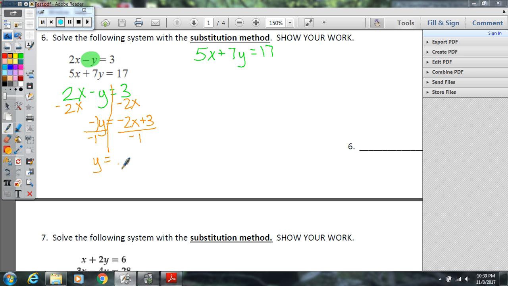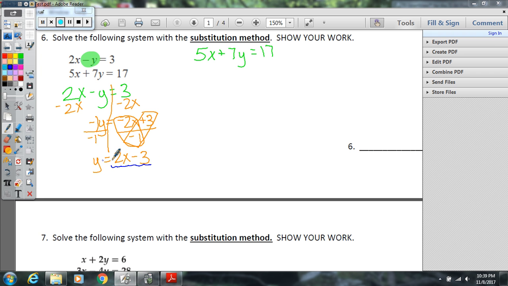That gets me y is equal to, guys, isn't negative 2x divided by negative 1? Negative divided by negative is a positive 2. So that's going to give me 2x. And then 3 divided by negative 1 is going to get me a negative 3. Now, right there, I've solved for that variable. I know that y is equal to 2x minus 3.